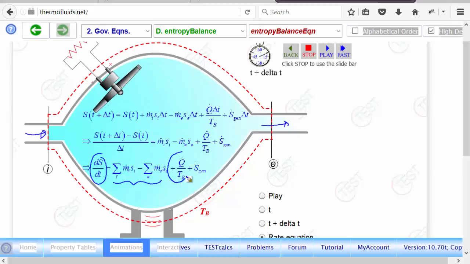Entropy that is transferred by heat. We know heat will always carry entropy based on the boundary temperature here. TB is the boundary temperature.